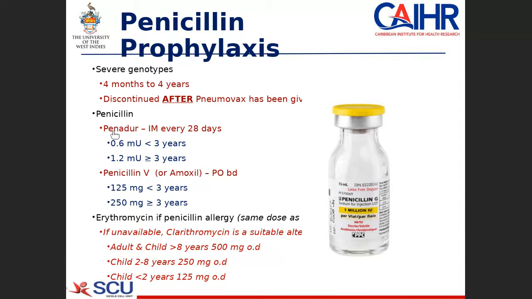Penicillin prophylaxis can be given either IM, which is your benzathine penicillin G, every 28 days, or they can get penicillin V or amoxil orally, but that has to be given every day, twice a day. If they're allergic to penicillin, then they would get erythromycin or clarithromycin, and again, this would be given orally every day.